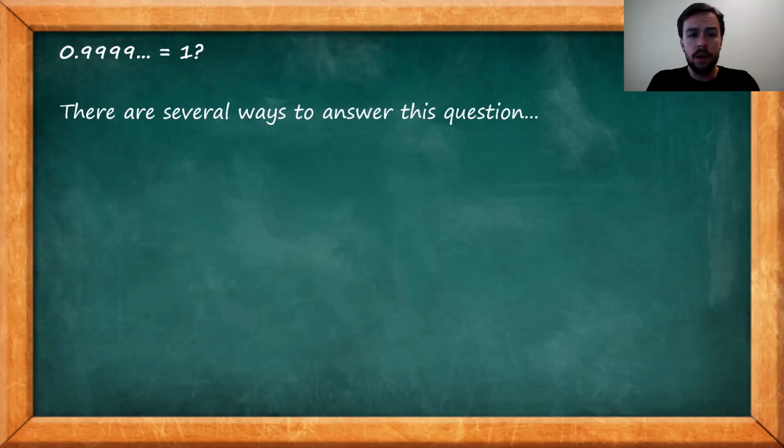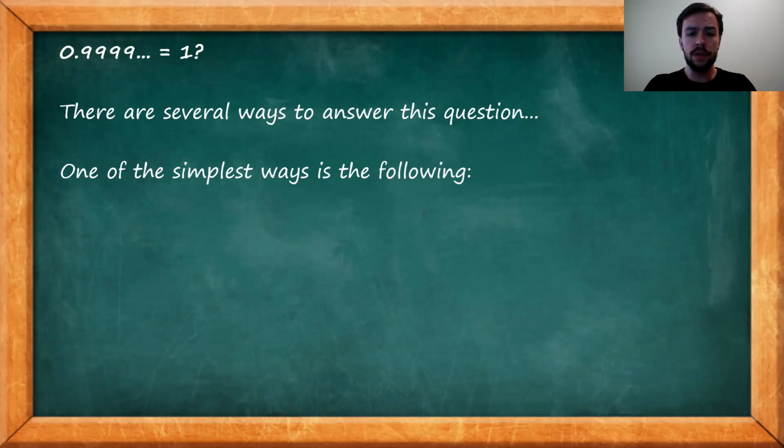So coming back to our question, is 0.999 or 0.9 repeating equal to 1? And there are actually several ways to answer this question. And one of the simplest ways to do so is the following. First, we establish that 1/3 equals 0.33333, that is 0.3 repeating, and we denote this infinite repetition pattern with the bar on top of the number.